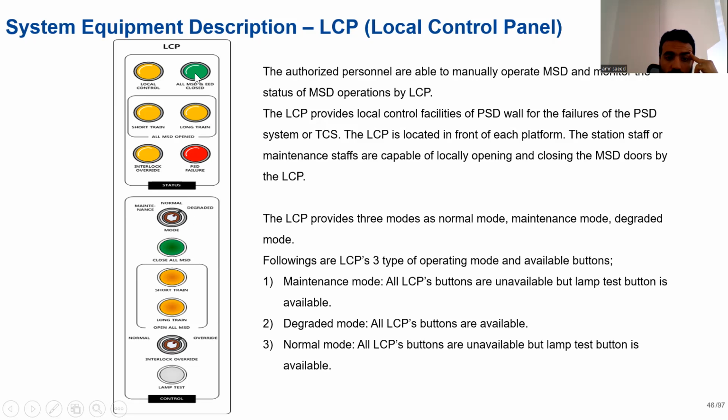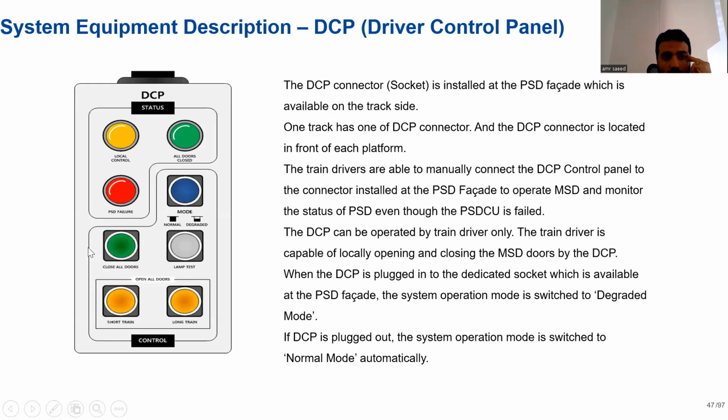And you have here maintenance mode. Also, when it's maintenance mode, you cannot control MSD because maybe some maintainers are working in MSD. You cannot move the system while someone is inside the system, for safety reasons.